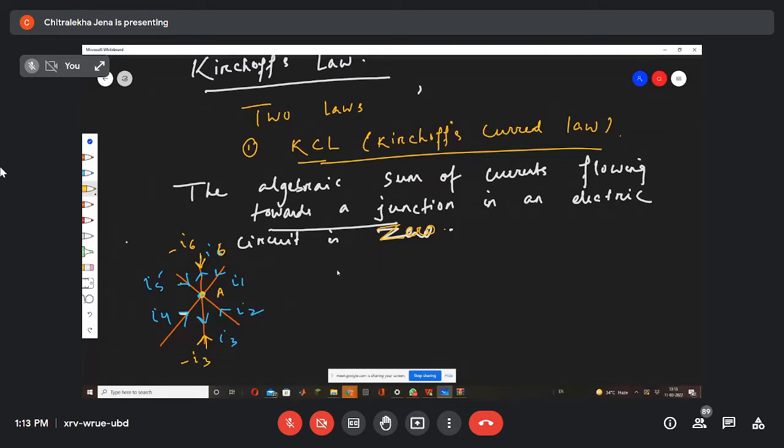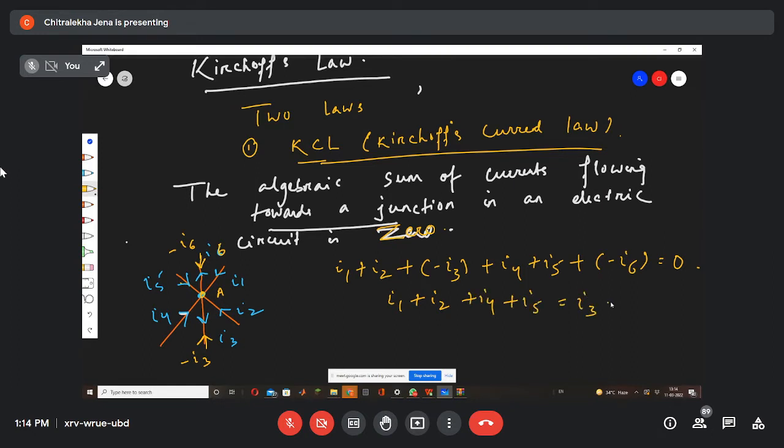So I can write the sum of the currents flowing towards the junction as I1 plus I2 plus minus I3 plus I4 plus I5 plus minus I6 equals 0. Here I can also write I1 plus I2 plus I4 plus I5 is equal to I3 plus I6.